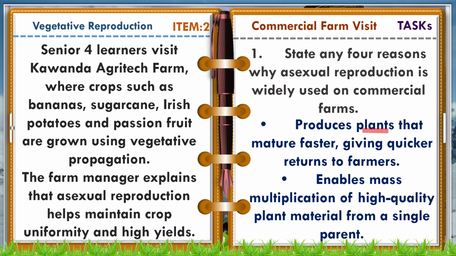Produces plants that mature faster, thus giving quicker returns for the farmers. It enables mass multiplication of high quality plant material from a single parent.